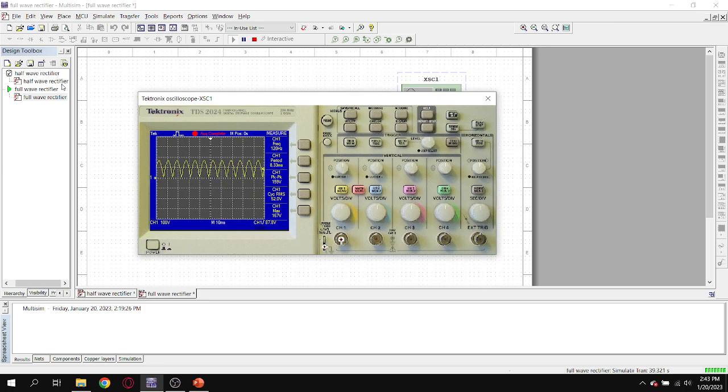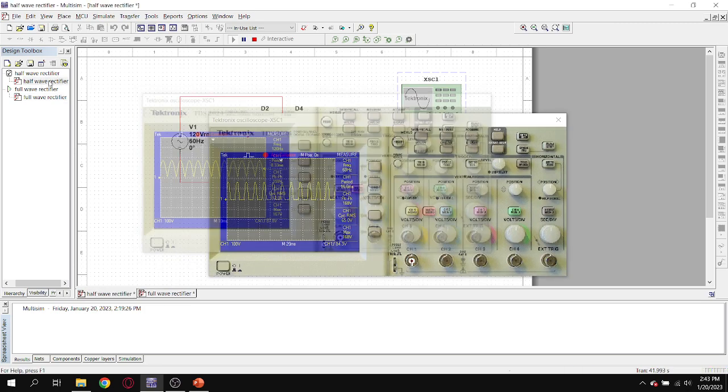As we can see, we can observe the difference in the measurements between the half wave and full wave rectifier.